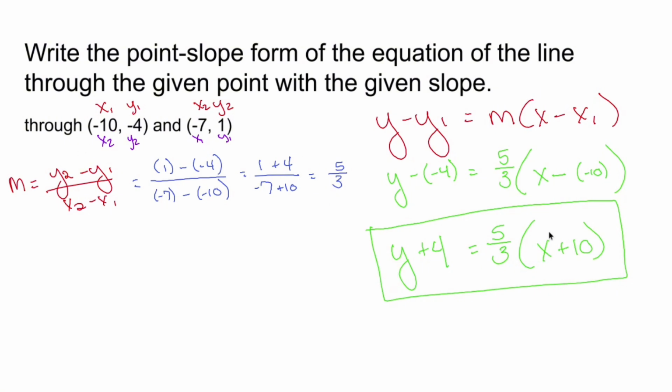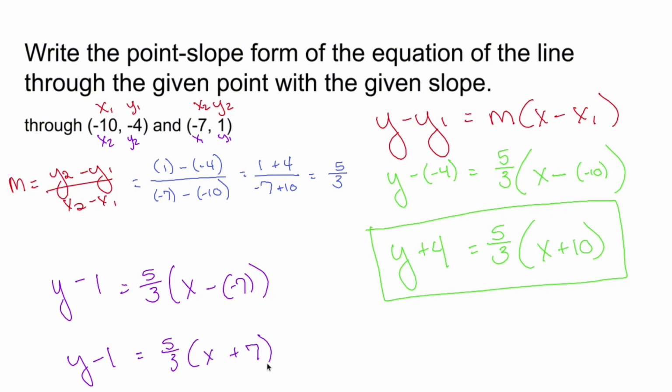So if you were to do this guy, and if your friend were to, for whatever reason, flip this around, and they would write out this, so maybe let's just say that they did that, and you did y minus, and instead of y sub 1, they did 1, equals the same m, 5/3, parentheses, x minus negative 7, and then they clean it up to make it look like this, y minus 1 equals 5/3, x plus 7. It's still the same answer.